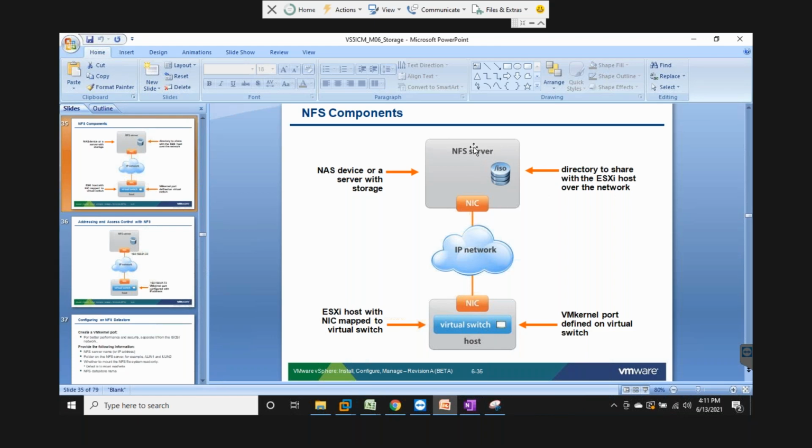Your NFS server has a NAS device in the backend, a network attached storage device, a server with storage. Okay, so the storage is not shared as a LUN, but it is shared as a file.